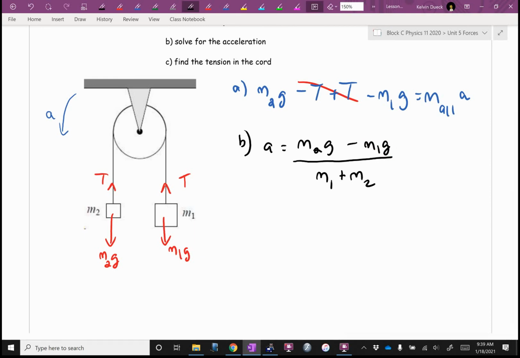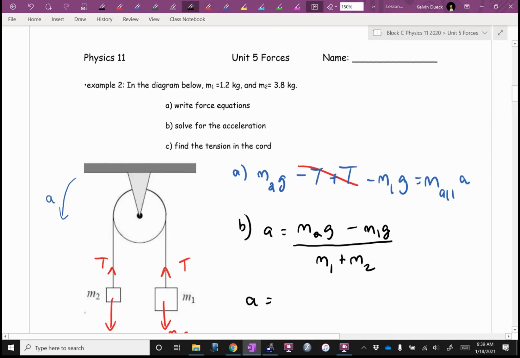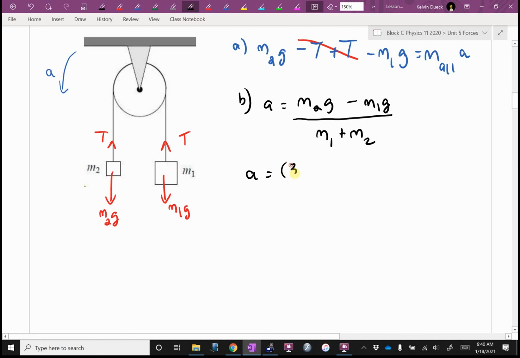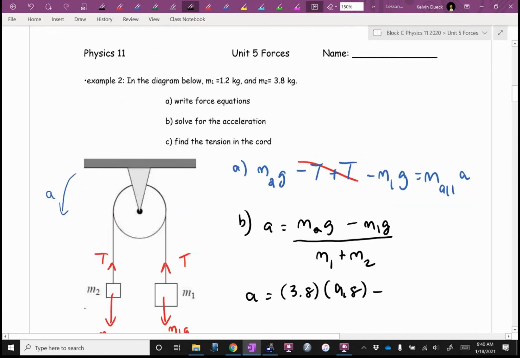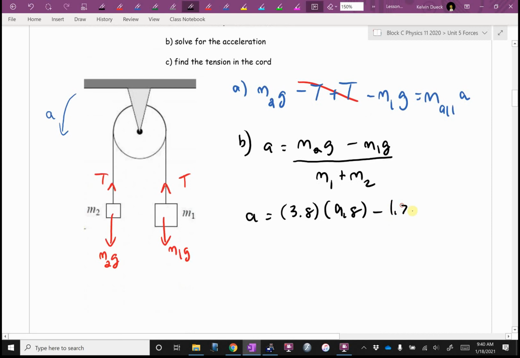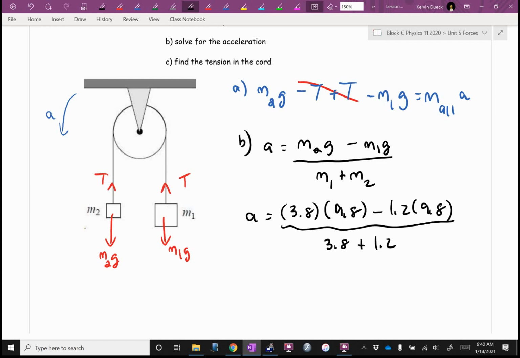Now it's plug and chug. The acceleration is going to be, what was M2? I've scrolled down, 3.8 times 9.8 minus 1.2 times 9.8, all divided by 3.8 plus 1.2. I might be able to do this in my head. I wonder. 3.8 minus 1.2 is 2.6.